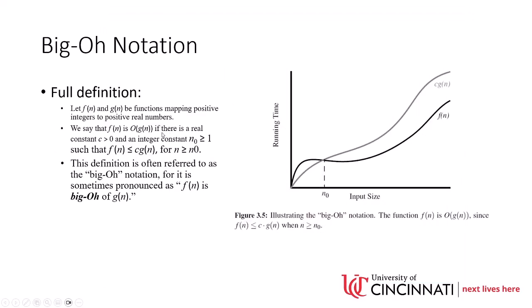Now, here's the mathematical definition I included if you're interested. The book goes into heavy amounts of detail with it, but I wanted to give us a 1,000-foot overview of it. In general, it's: let f of n and g of n be functions mapping positive integers to positive real numbers. We say that f of n is big O of g of n if there is a real constant c greater than 0 and an integer constant n0 greater than or equal to 1, such that f of n is less than or equal to c times g of n for n greater than or equal to n0.